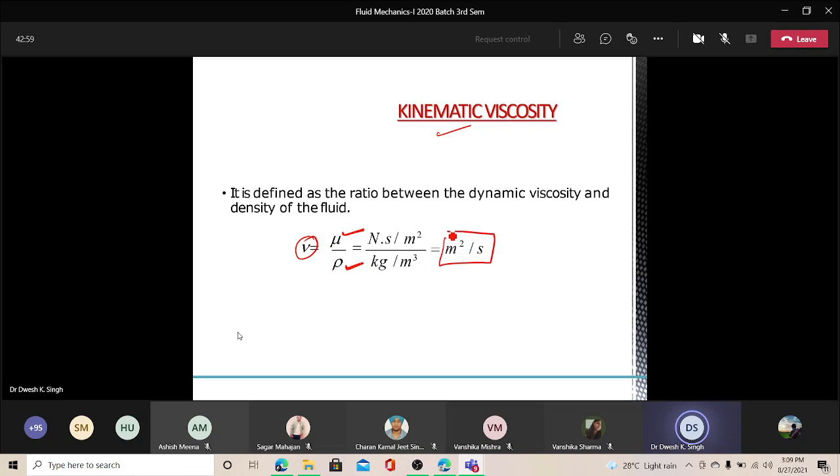The unit of kinematic viscosity is meter square per second. The unit of dynamic viscosity is Newton second per meter square; in terms of kg, it is kg per meter per second. This is mu. So this is basically the dynamic and kinematic viscosity.